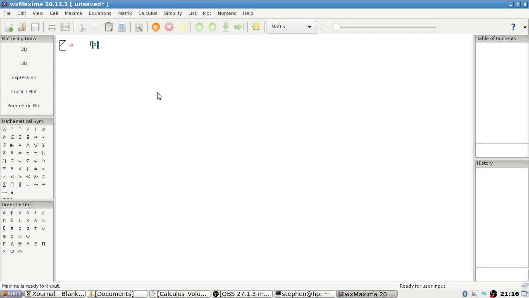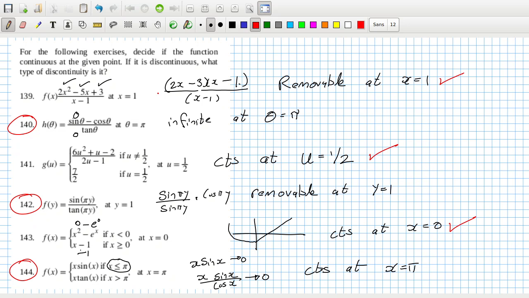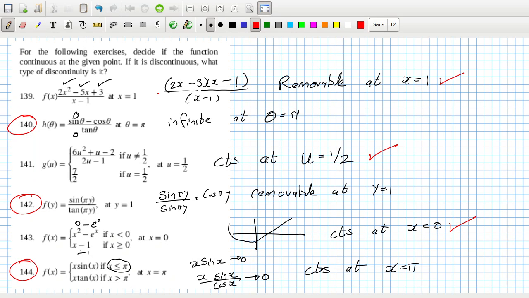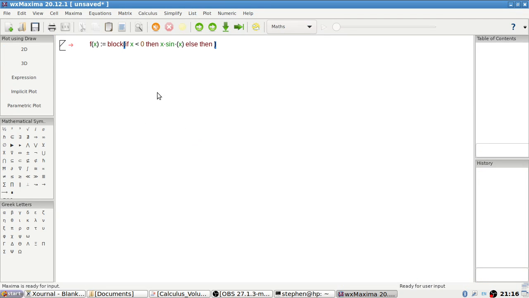Okay. Fx is defined as block. If x is less than 0, then x sine x. Else then, oh, it's not less than 0, so it's less than pi. Else then x tan x pi. Is that just pi? Is that how we do it?